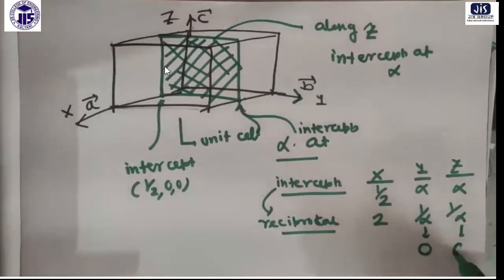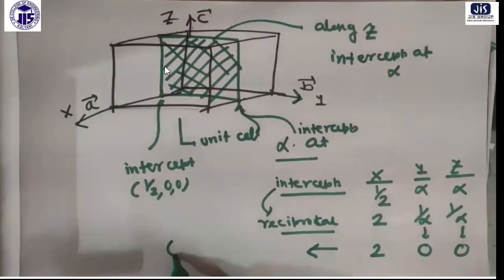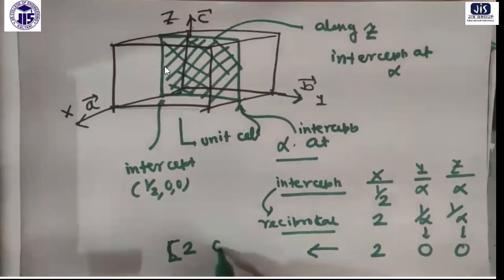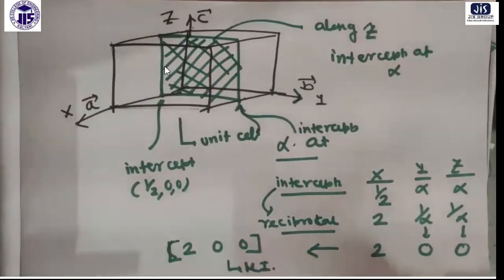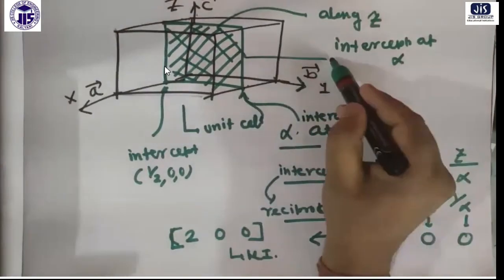So basically this plane is the 2, 0, 0 plane. These are the Miller indices of this plane. This is the 200 plane.